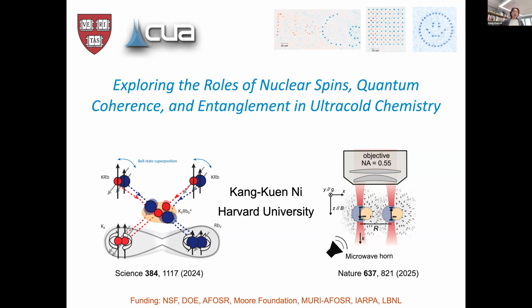but today I will focus on the work that's highlighted in this picture on the left, where we would like to explore the role of nuclear spins, quantum coherence, and entanglement in these molecules, which we can prepare at extremely low temperature.